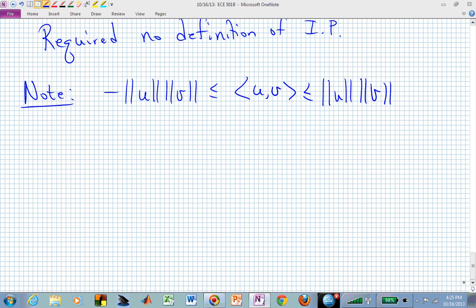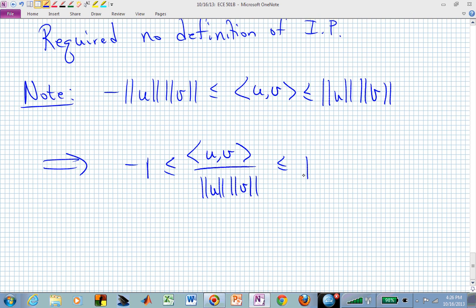And if we divide both sides through by the norm of u times the norm of v, then we get minus 1 is less than or equal to the inner product of u and v divided by the norm of u times the norm of v, less than or equal to 1.